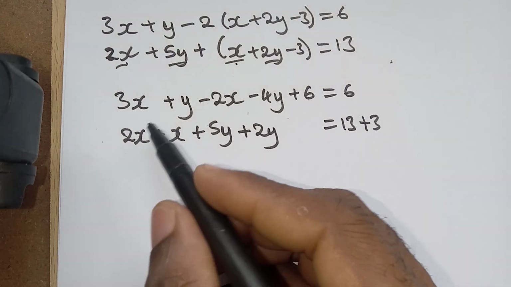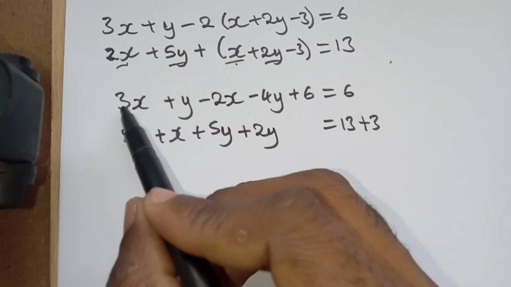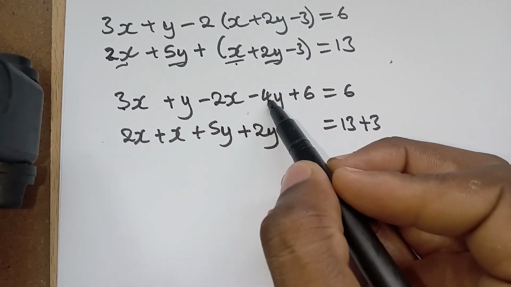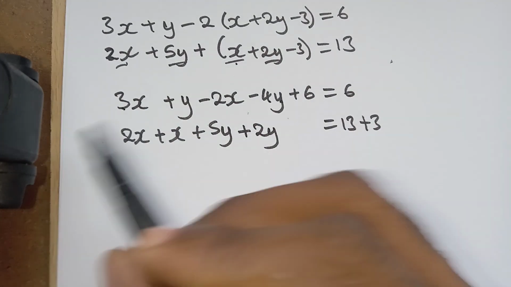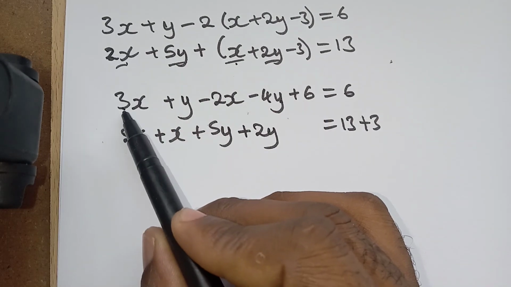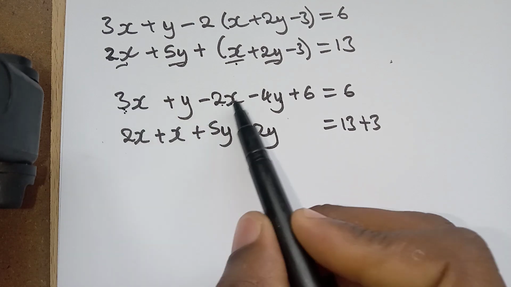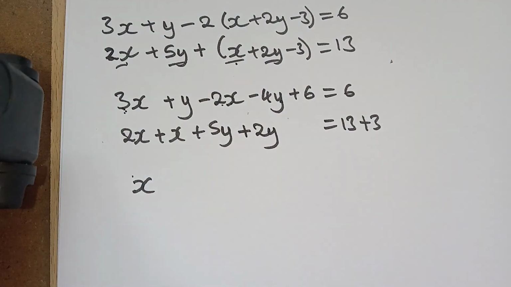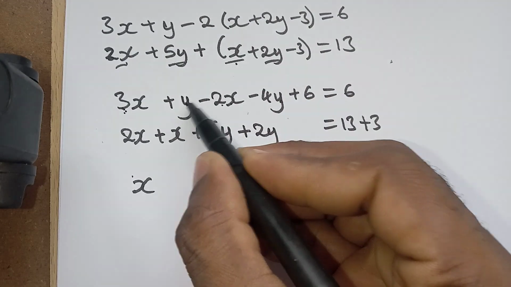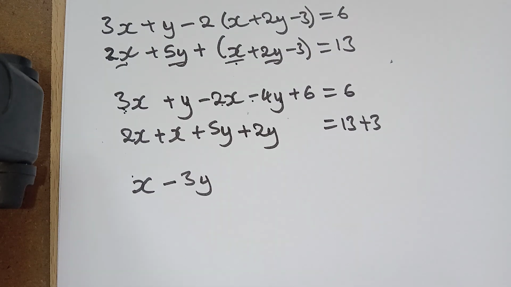And then next, let's deal with these guys. So we have 3x minus 4y. I don't want to waste too much time by rearranging, so I'll just say 3x minus 2x. So 3x minus 2x is x. And then y minus 4y is minus 3y.